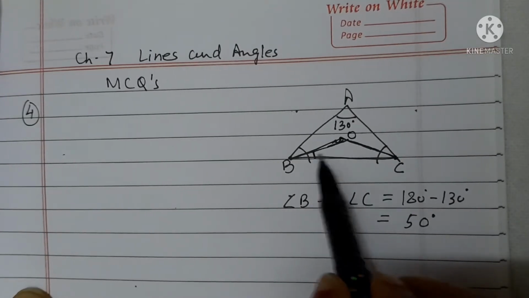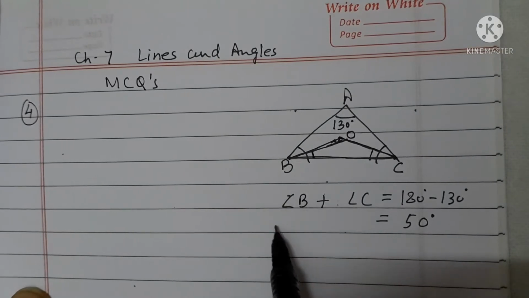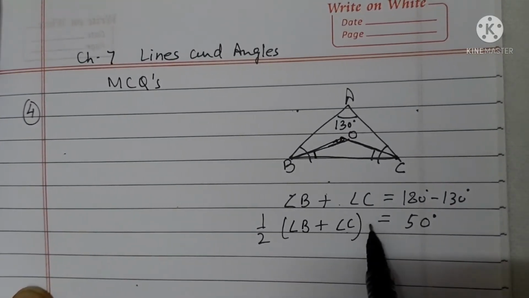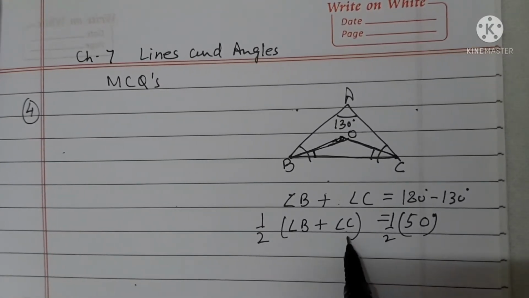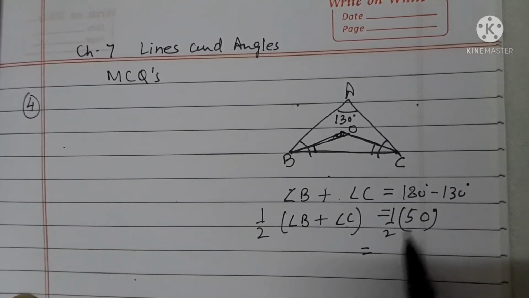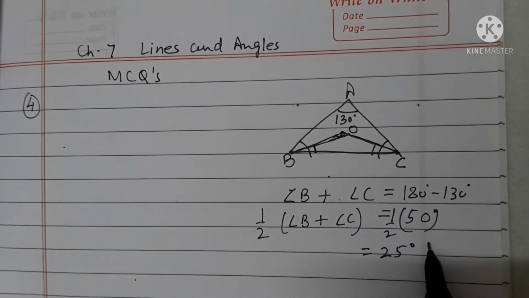So it means the sum of half of B plus C. You can write half of angle B plus angle C is equal to half of 50, which is 25 degrees.